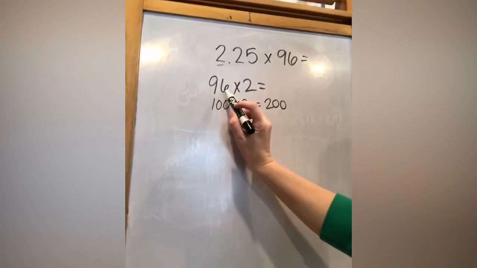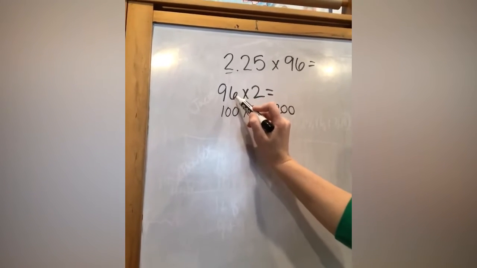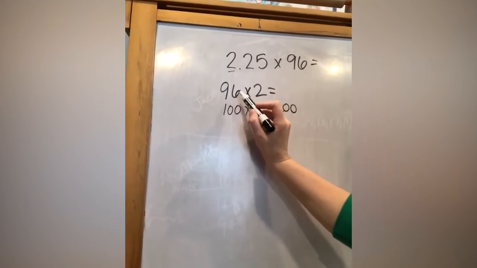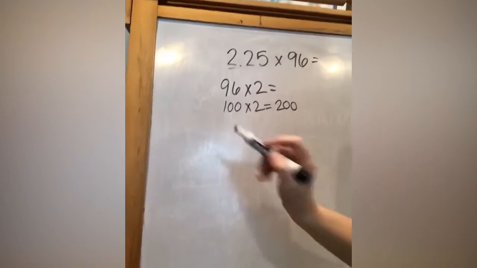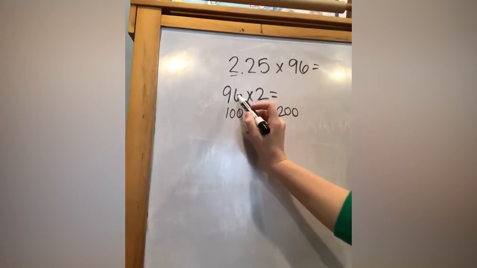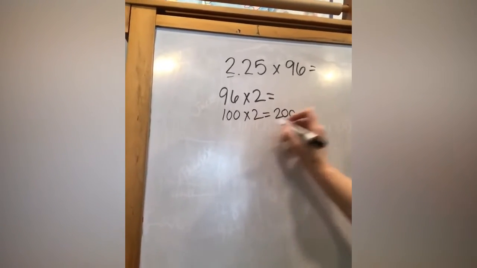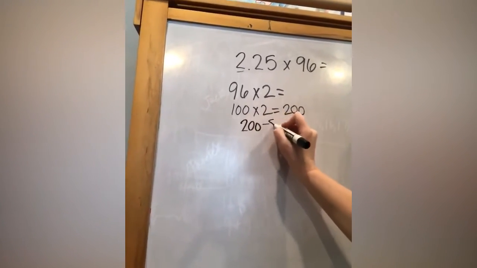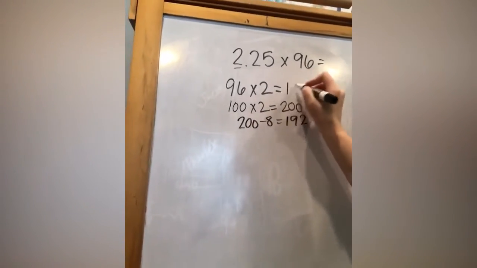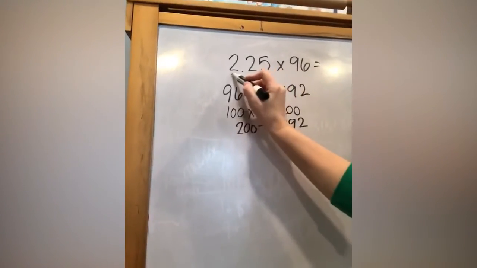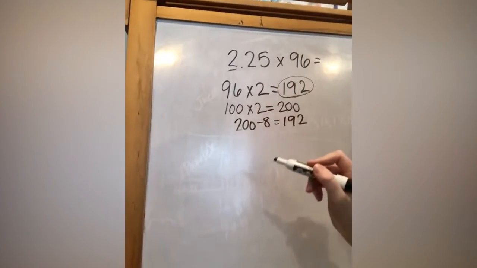So then if I'm trying to solve 96 times 2, I'm going to have to take 8 away, right? Because I actually went up 4 from 96 to 100 and multiplied that by 2. So I'm going to have to take away 8 from this 200, which leaves me with 192. So just by doing the ones place, 2 times 96, I'm already at 192.